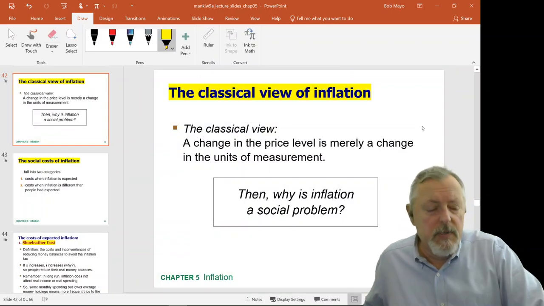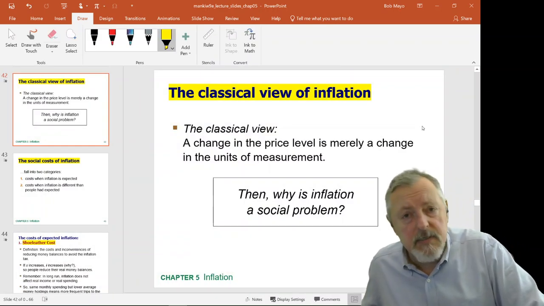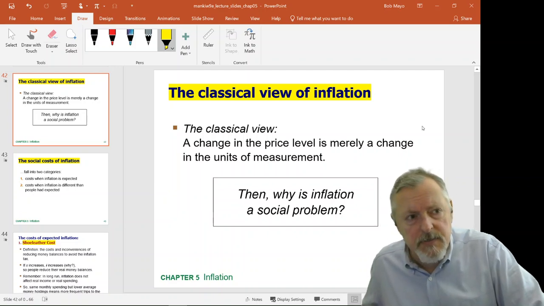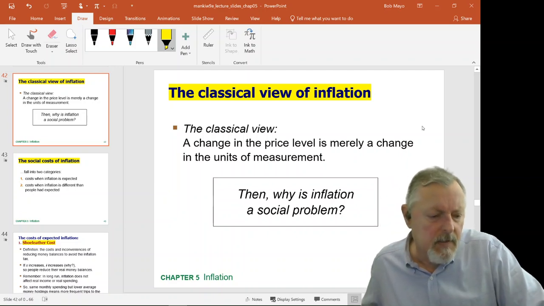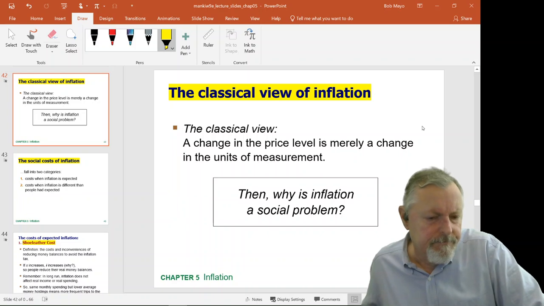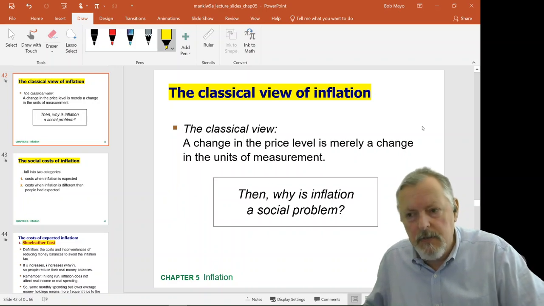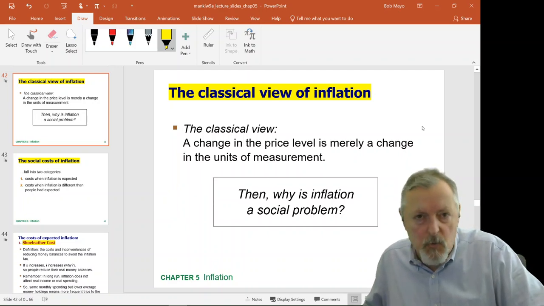The classical view is that the price level doesn't matter, that prices are just the units of measure. If you change the size of a foot or a meter, it doesn't change how big things actually are.